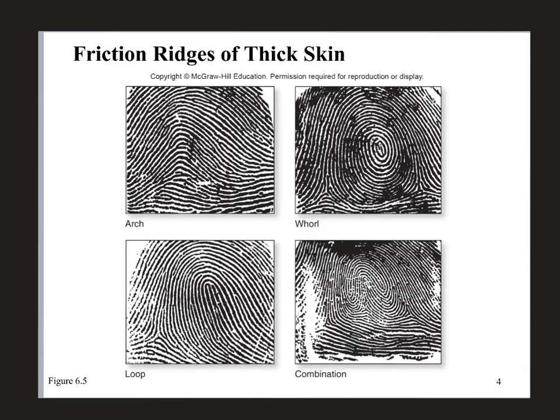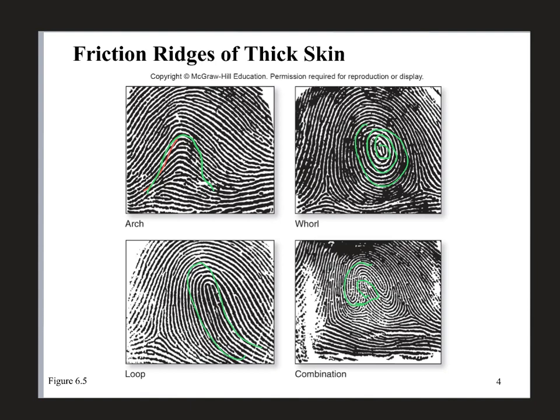So here's what some of them look like. Fingerprints: you have the arch. I'll do it in green. You have an arch that looks like that, right? You have a whorl, and it kind of comes around. You have a loop, and then a combination here, a whorl that starts and then ends in an arch type thing.